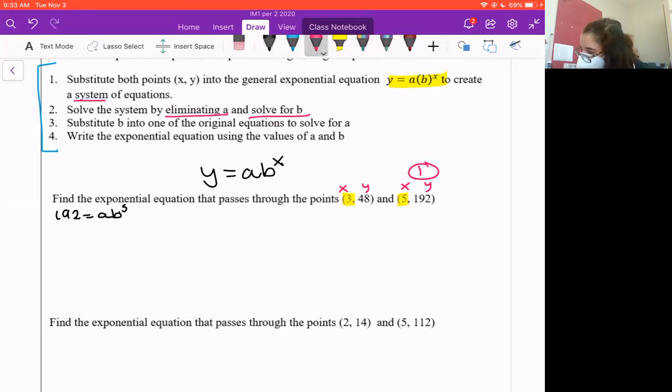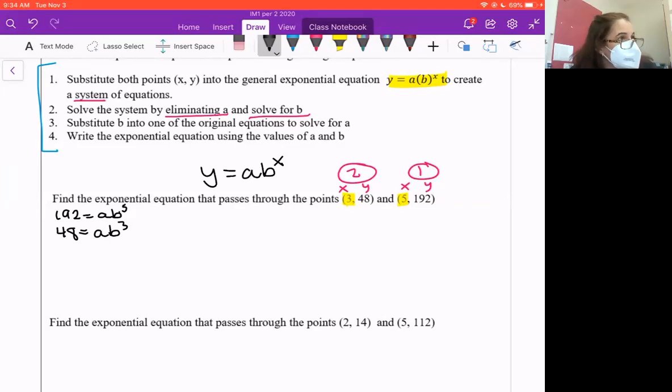Now I'm going to use point number 2 to create my second equation. So I've got 48 equals a times b to the 3rd. So there is my system. A system just means more than one equation. I have 2 equations. It's a system.